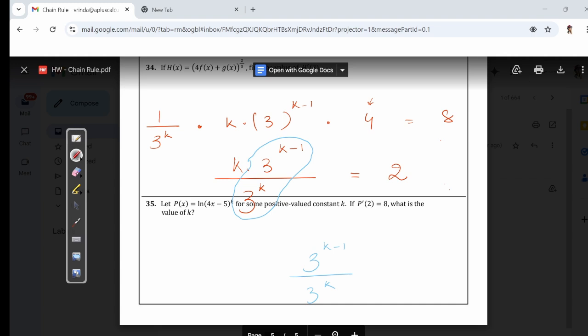That would just be k over 3? Oh wait, no. What do you do when you have a raised to m over a raised to n? You subtract the exponents, right? Yeah, subtract the exponents. k will stay as it is. k times 3 raised to k minus 1 minus k.